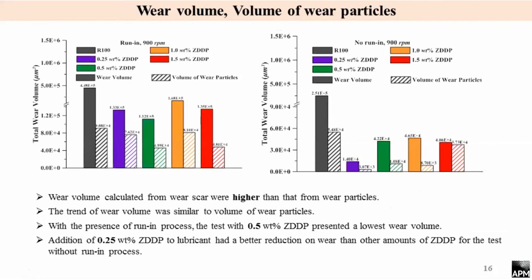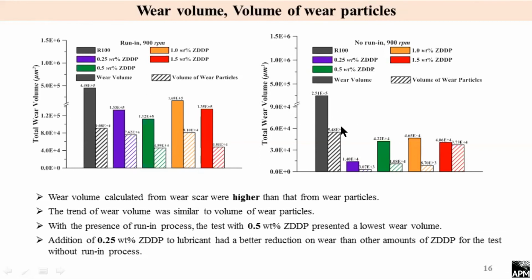From wear scar diameter and wear particles, we calculate the wear volume and the volume of wear particles. The results show that the wear volume calculated from wear scar was higher than that from wear particles, but the trends of them are similar.